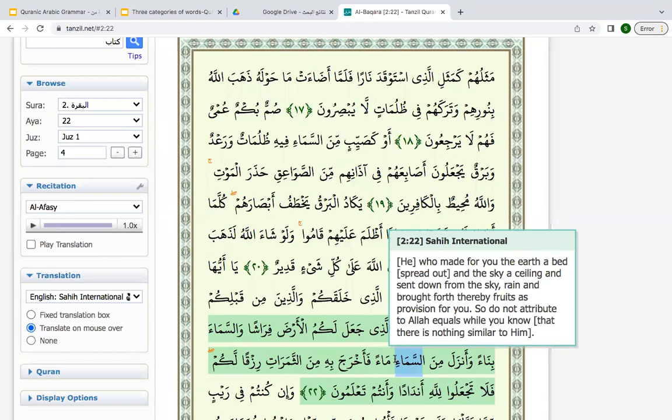So your word is seen, meme. The root letters are seen, meme, wow. So as-sama'i is good. Why is it feminine? Because Arab said so. It is not feminine by sign, though it has alif mamduda ending, but this alif mamduda is not coming after 3 letters.